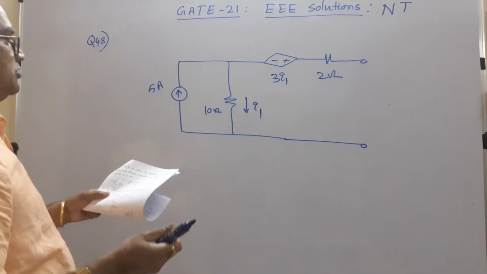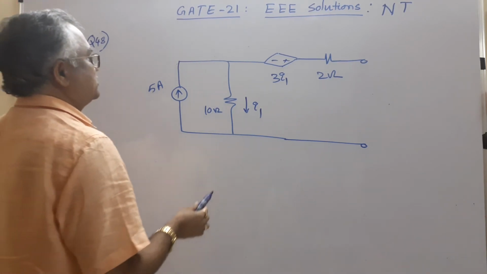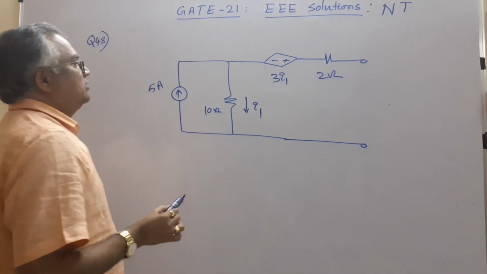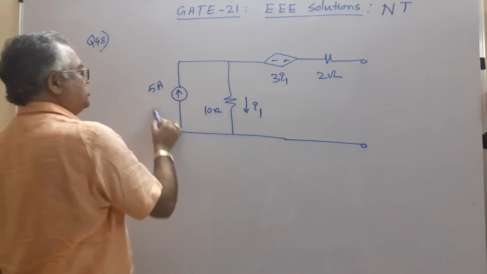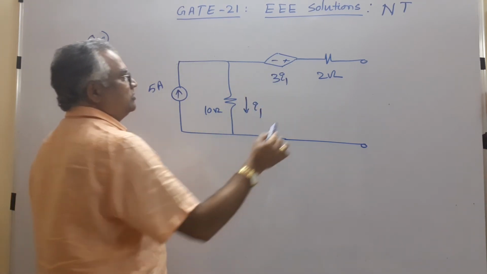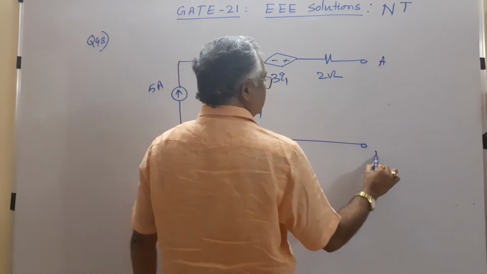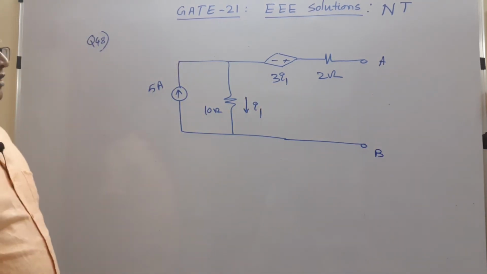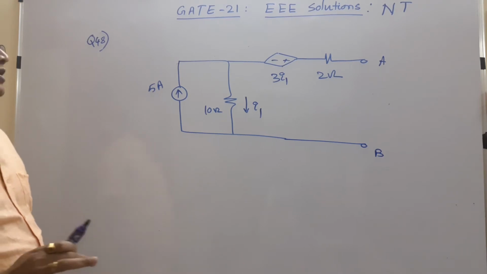Answer options A, B, C, D are also given. This comes under the second case: one independent source, one dependent source, 3I1 depending on here. So let us first find, in this category, VThevenin, and I Norton. The ratio will give R Thevenin.